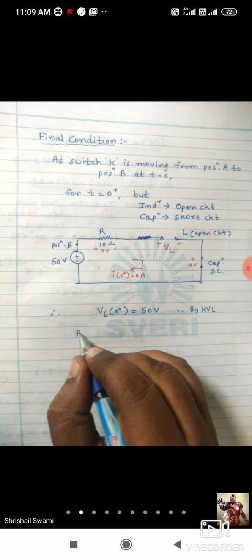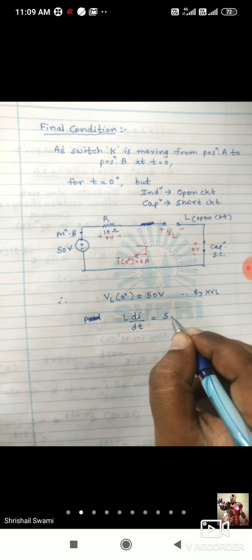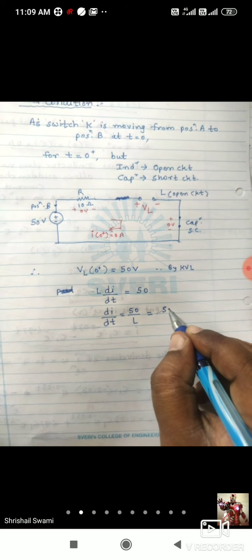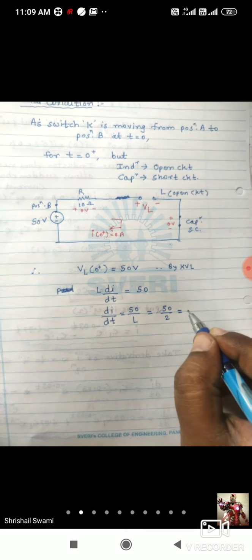L into di/dt. The formula for VL is L into di/dt is equal to 50. So di/dt is equal to 50 by L. What is the value of L? That is 2 henry, right. So 50 divided by 2, that will be 25. Right, di/dt is equal to 50 divided by 2, that is 25.